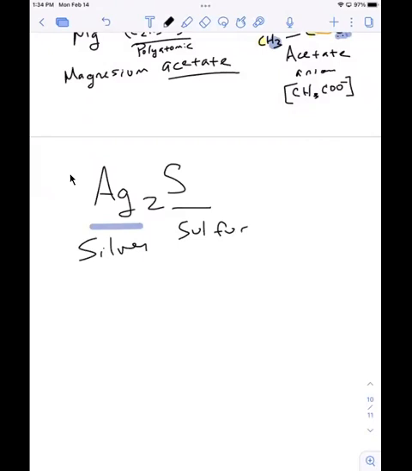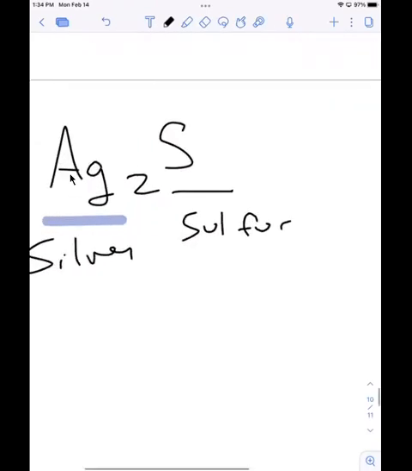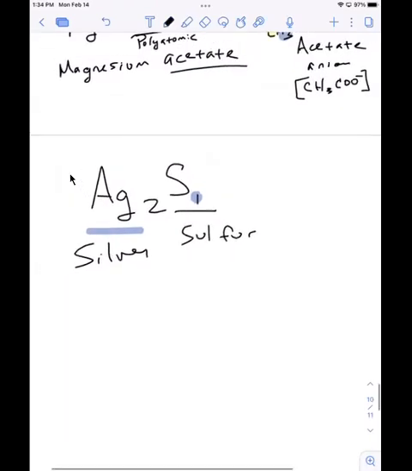All right. Now it's ionic. What do the two pieces look like if we pull these two things apart? What's the subscript here understood to be? One. Good. So if we pull them apart, what's the charge going to be on silver, and what would the charge be on sulfur? Think about a piece of Play-Doh. You just pull it apart with part of it in your left hand, part of it in your right hand.